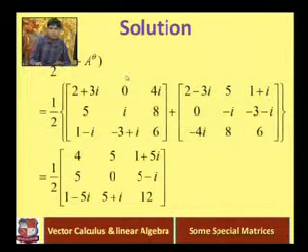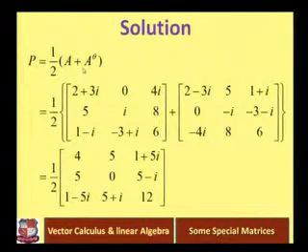Putting this value into the form P equal to 1/2 of A plus A theta, we add the two matrices. So this P matrix is 1/2 times 4, 5, 1 plus 5, and similarly the other entries, and students can easily observe that this P matrix is Hermitian.